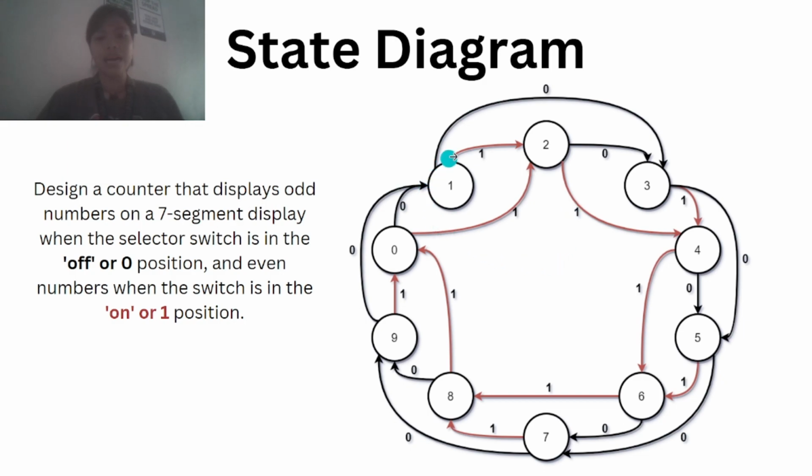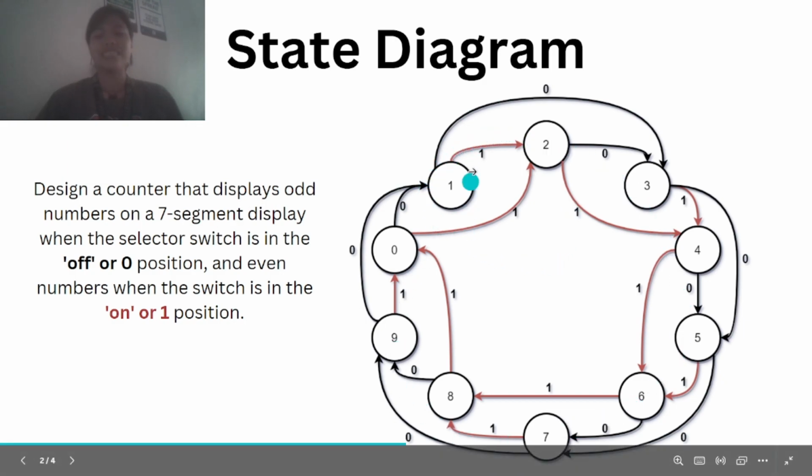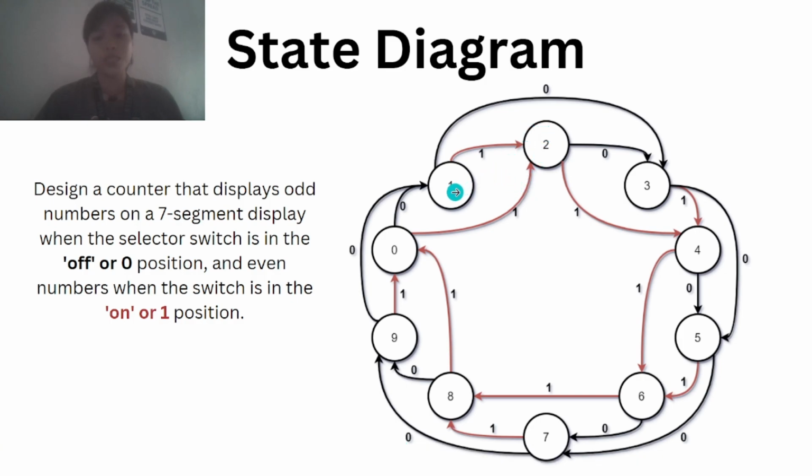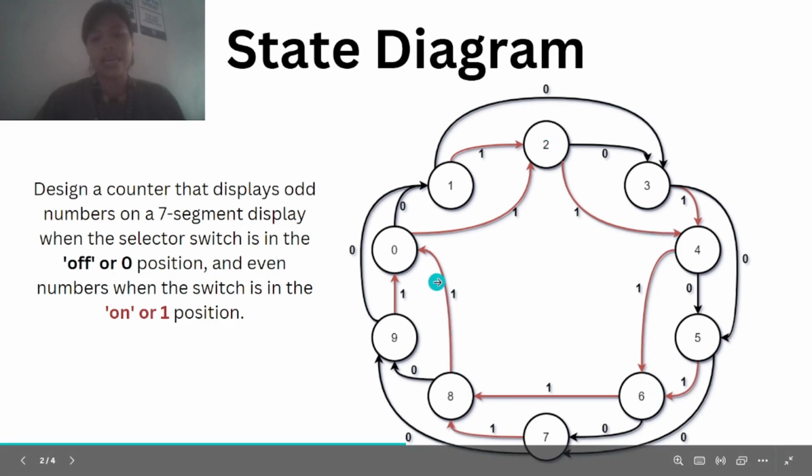This is how our state diagram works. When we start and turn the switch on, since turning on the switch displays even numbers, it will redirect to the states 2, 4, 6, 8, and back to 0.